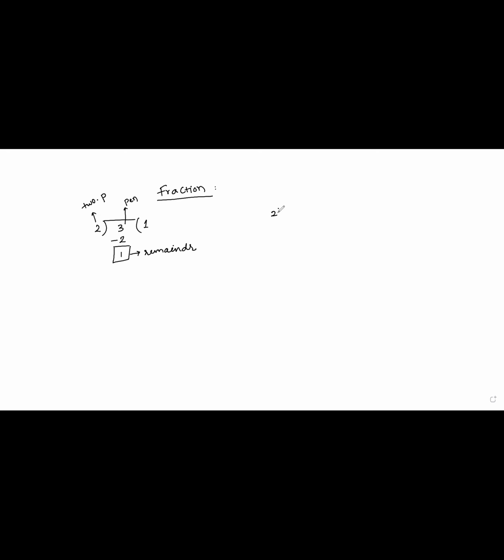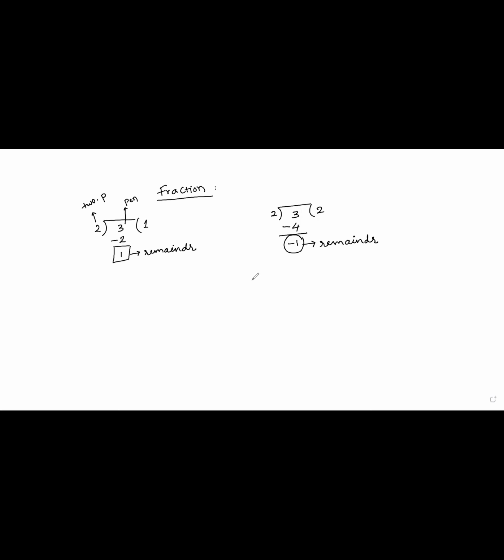Suppose the same 2 members are there, and I have only 3 pens, but I decided that I want to give 2 pens to everyone. So 2 twos are 4, minus 1 will appear here. This minus 1 is again a remainder, but it is a negative remainder. Negative remainder means here one pen is lacking.